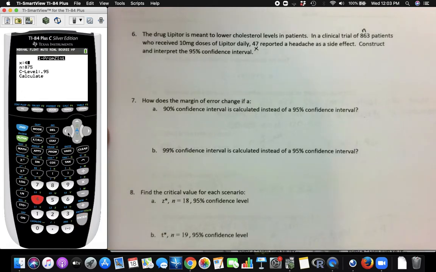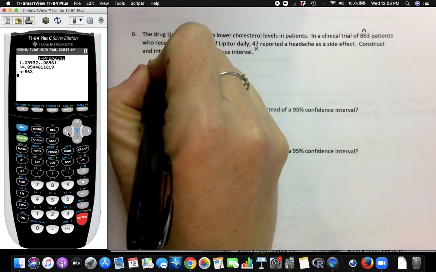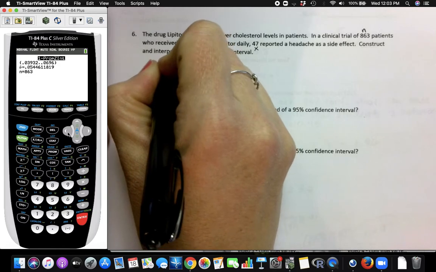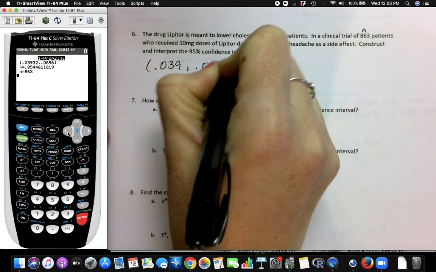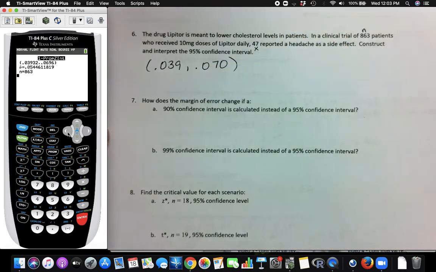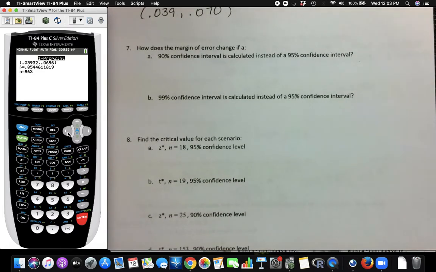So 47 had a headache out of 863. So 0.039 to 0.070, so we're looking at about 3.9 to 7%. And again, I'll put the interpretation on the key.